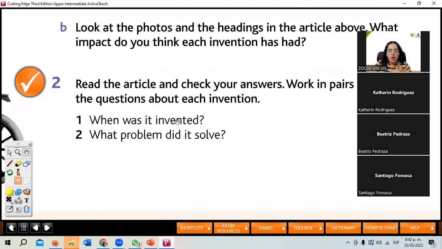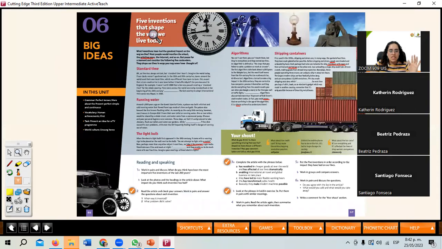And what is the problem that it solved? ¿Cuál problema resolvió? Okay. When was it invented and what problem did it solve? Let's review the text one more time, overview it, and then we will socialize, okay? Let's take 5 to 7 minutes. And please, when you are ready, let me know so we will check together.